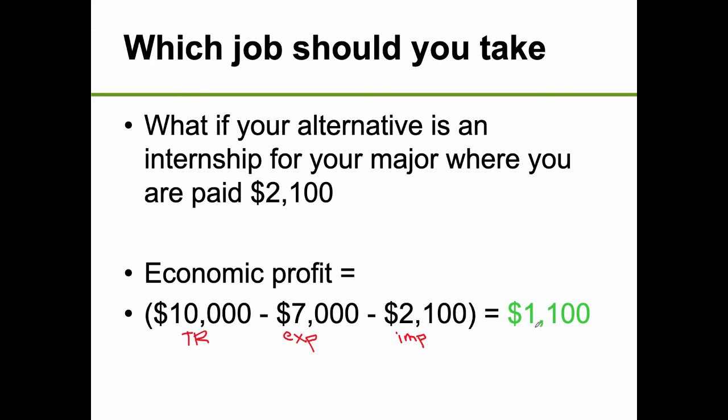Sometimes doing what makes an economic profit doesn't make sense if the alternative might lead to something down the road. What if this becomes a job for you in your major, where you make a lot more money? Well, if that's the case, you may be better off taking that lower paying alternative as opposed to continuing to do what you do.